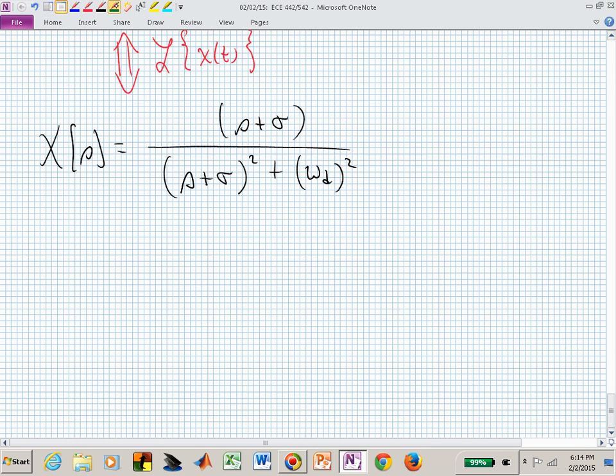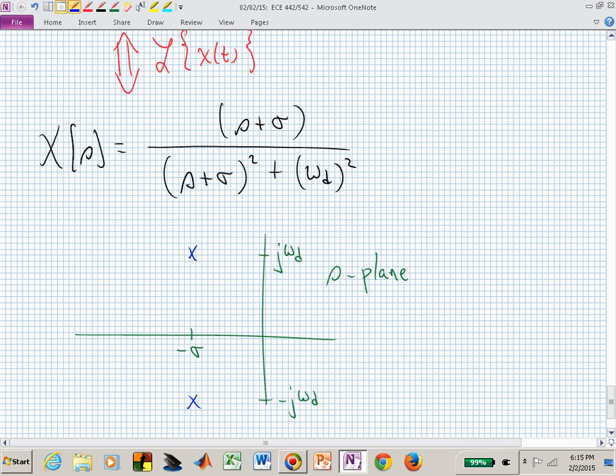And we can now sketch in the S-plane the poles and zeros of that expression. Here is j omega sub d. Here's minus j omega sub d. We're over into the left half plane, this distance minus sigma. Our poles are at minus sigma plus and minus j omega sub d.